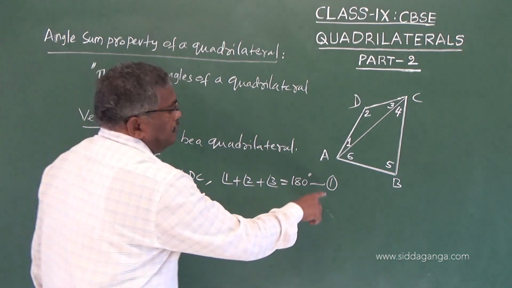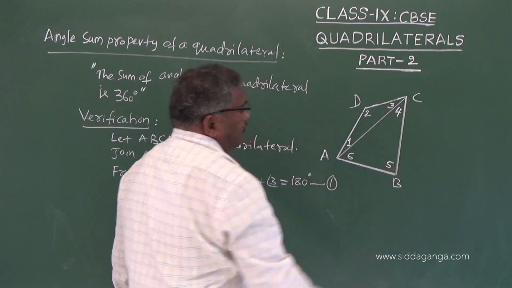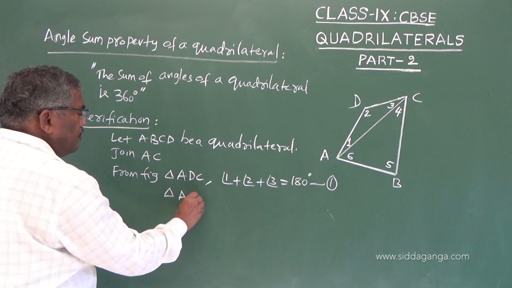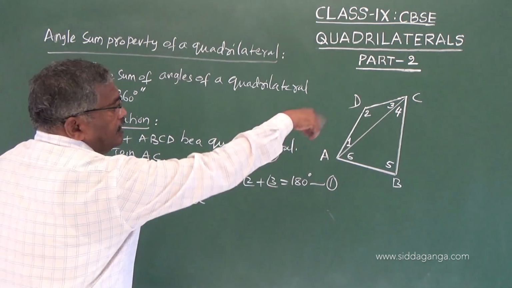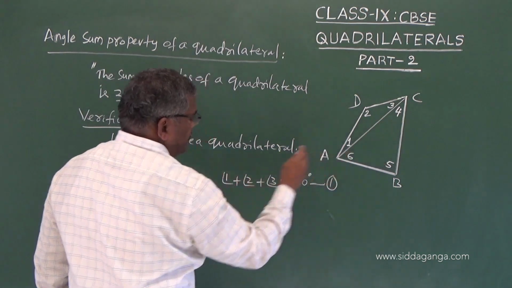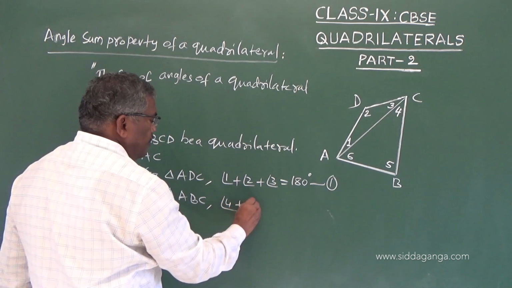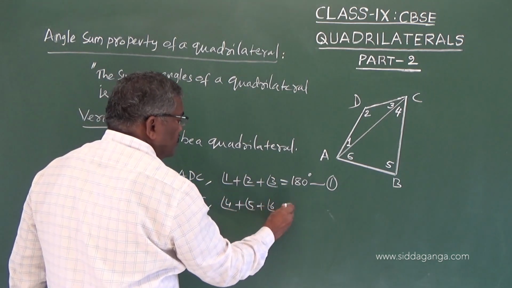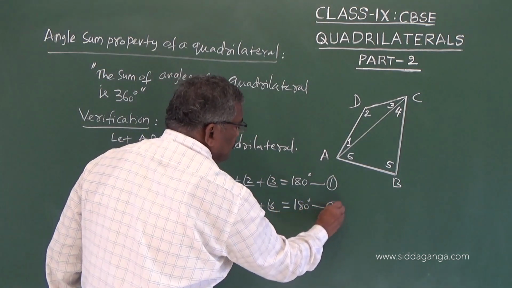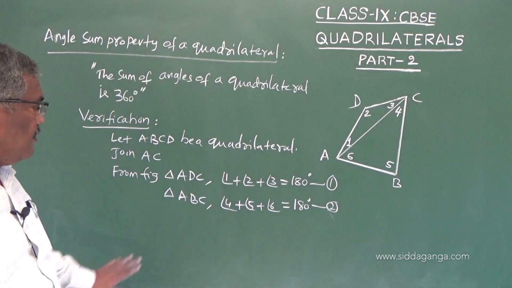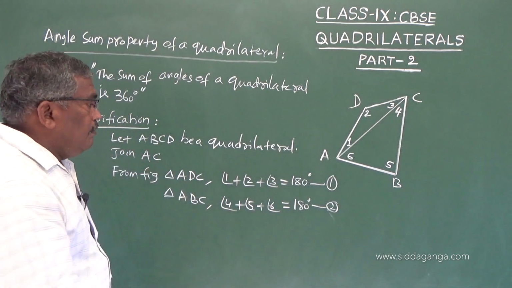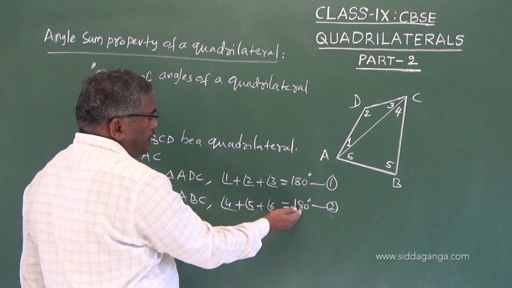Now similarly, triangle ABC. In this triangle, angle 4 plus 5 plus 6. So the three angles of this triangle, we know, are also equal to 180 degrees. Now the right-hand sides are equal, 180 and 180.